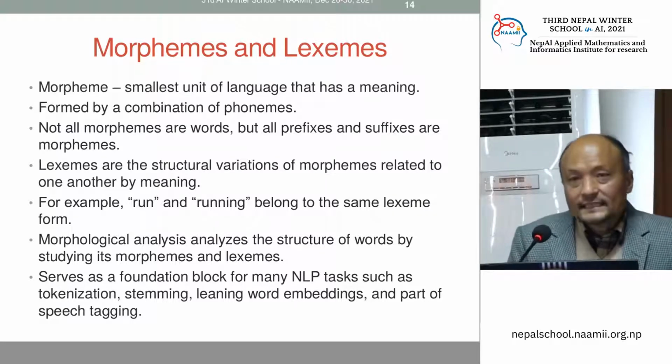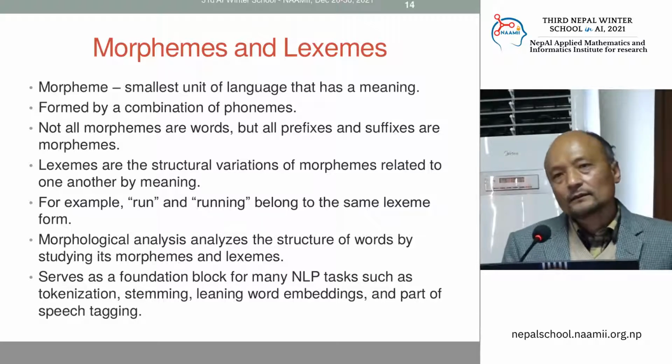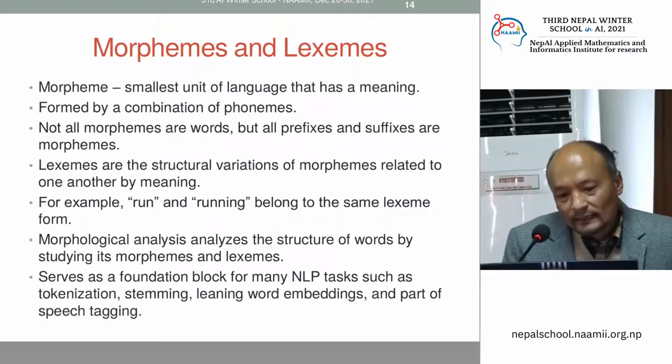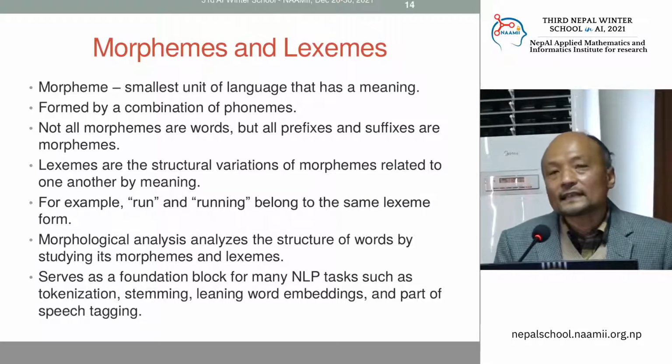Now, stemming is basically reducing to the stem or the root word. Khanu, khayo, khaireko, the root word or the stem is kha. Then there is learning word embeddings, which has been very popular.